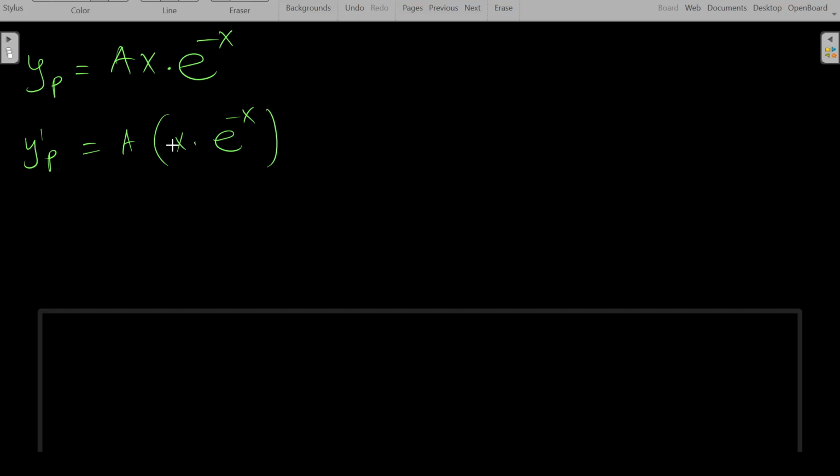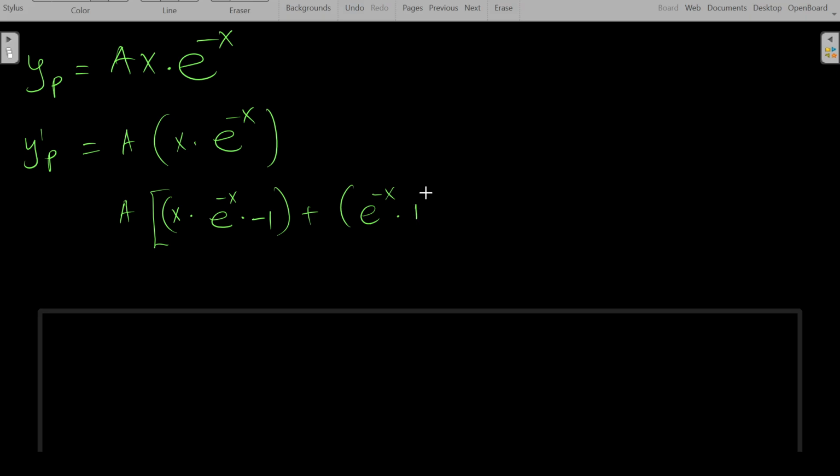Keep the x term constant, so it will be x multiplied by the differential of e raised to negative x, which is e raised to negative x multiplied by the derivative of the power, which is negative 1. Then I'll add that to, keeping the exponential e raised to negative x constant and differentiating x, I'll get 1.